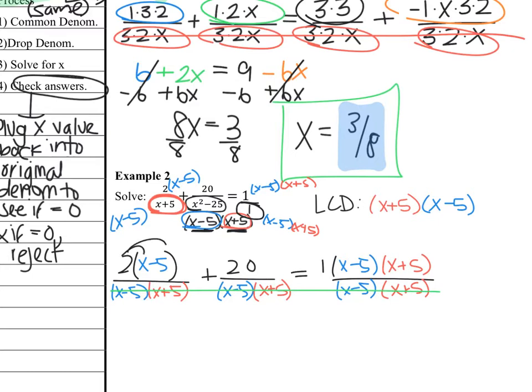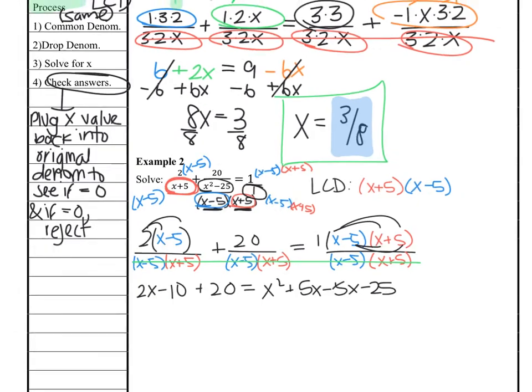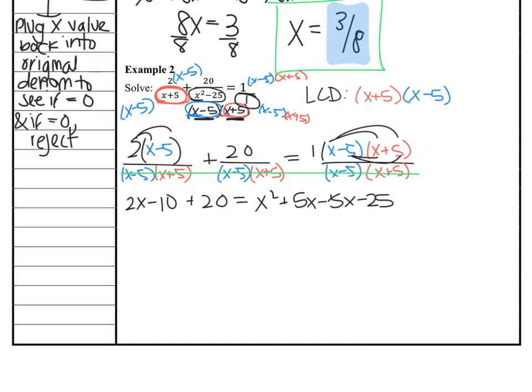We're going to start distributing just so that we can make this process a little faster. And then we'll solve for x. All right, so when I combine like terms on the right-hand side, those cancel.